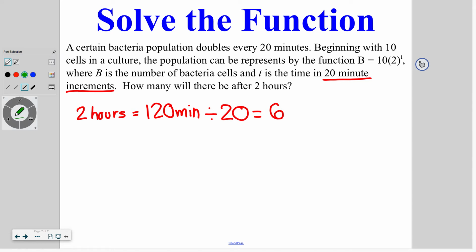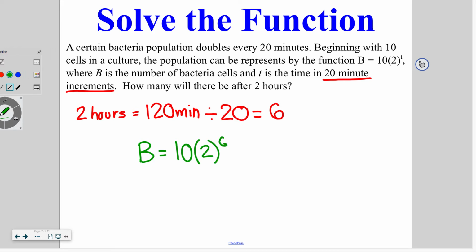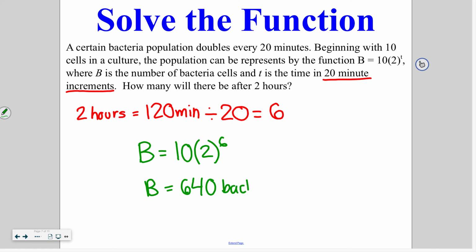So then once we have our t, it's very simple, and we just plug into the equation. So 10 times 2 to the 6th power, which is going to give us an answer of 640 bacteria cells in that 2-hour time span.